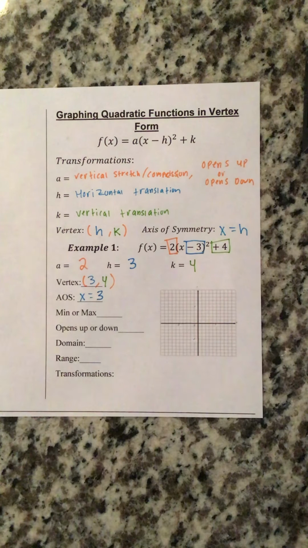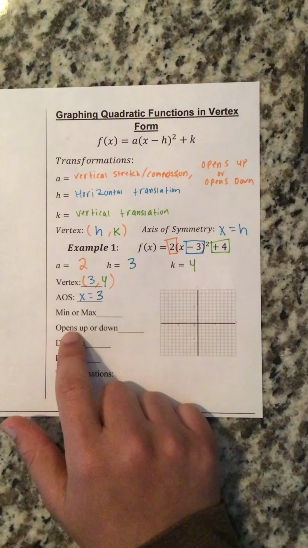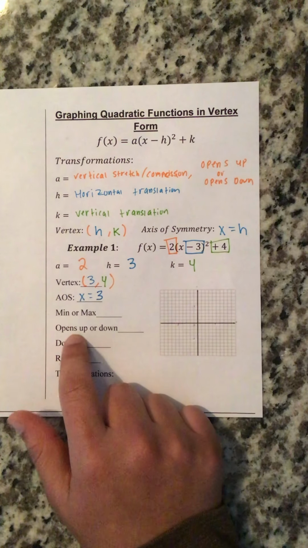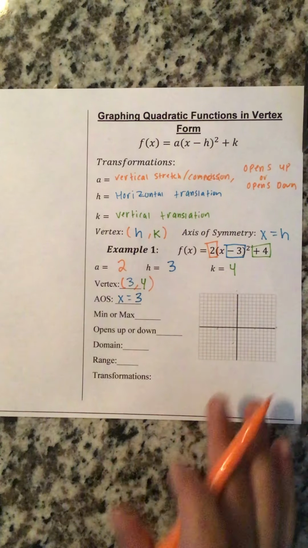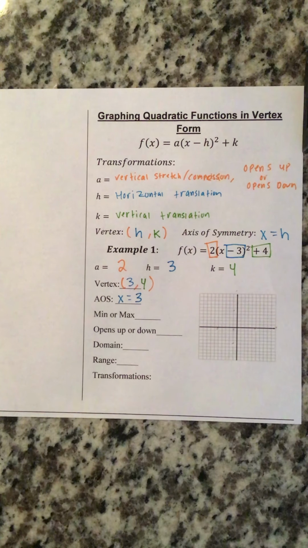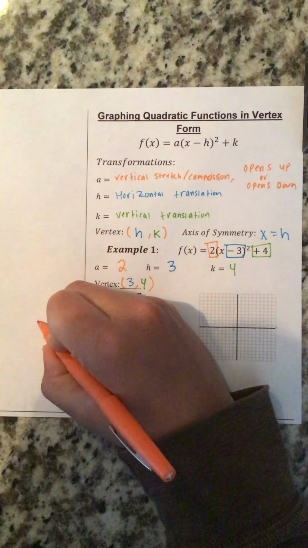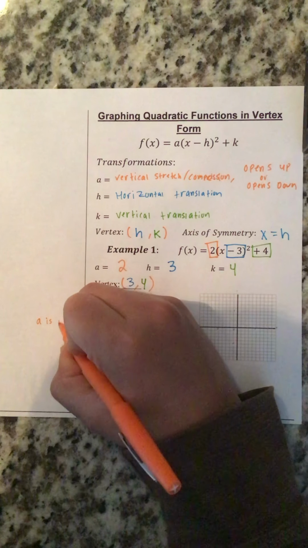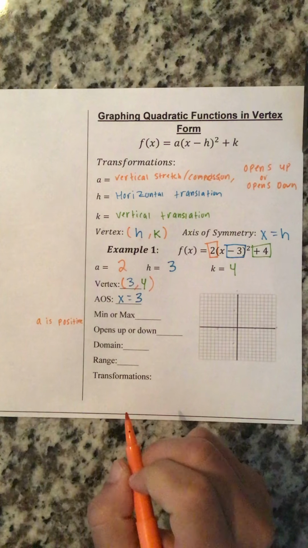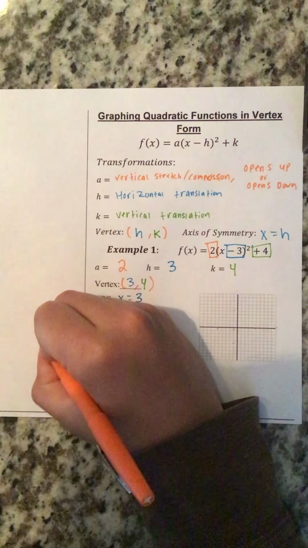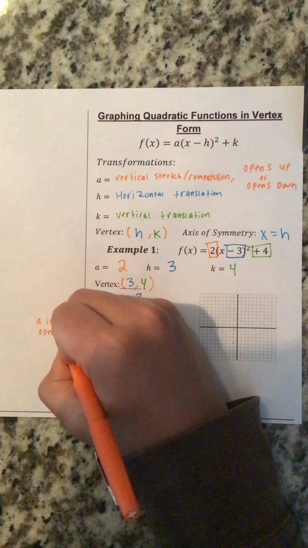Okay? So now I'm going to skip down to this one. We're going to skip min or max real quick. We're going to go to opens up or down. So if you remember yesterday, there were two rules that I told you. If the A value is positive, that means it opens up.